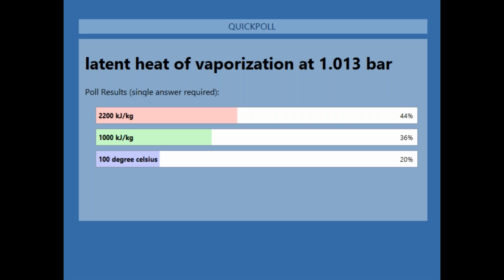Look at this 20% of the class who are busy watching movies. They are saying that latent heat of vaporization is degree Celsius. So I'd already told you that it is about heat quantity, and when you are talking about a heat quantity, it has to do with units like joules or kilojoules and not degree Celsius.